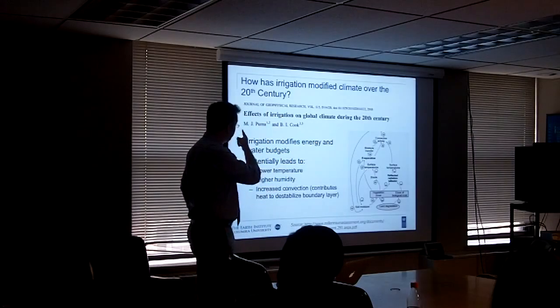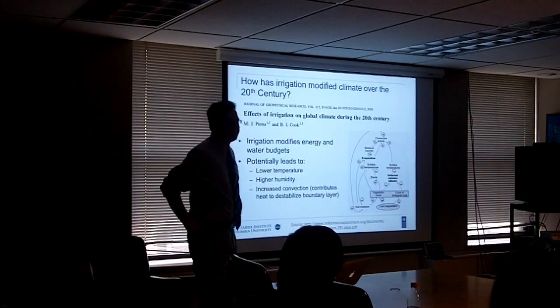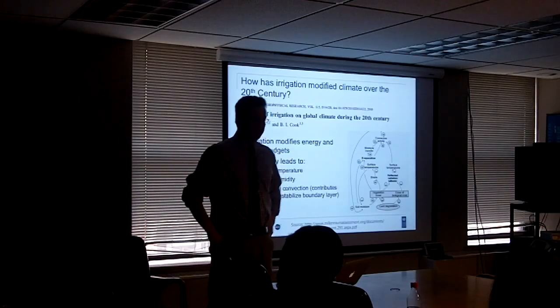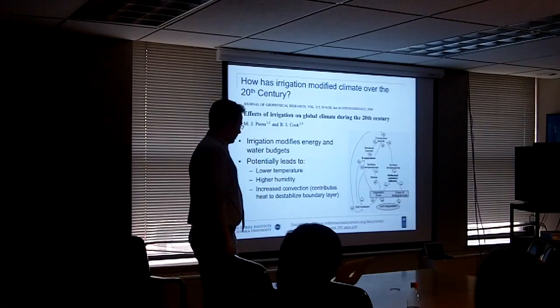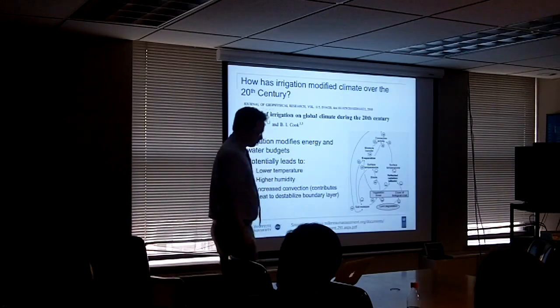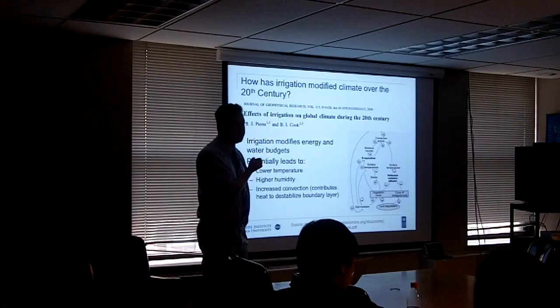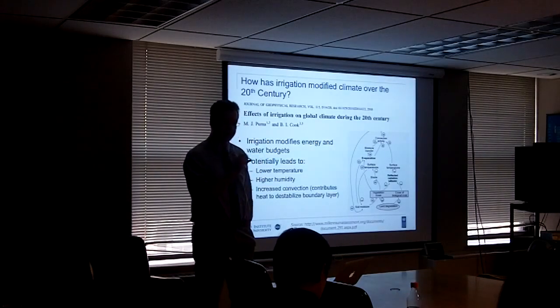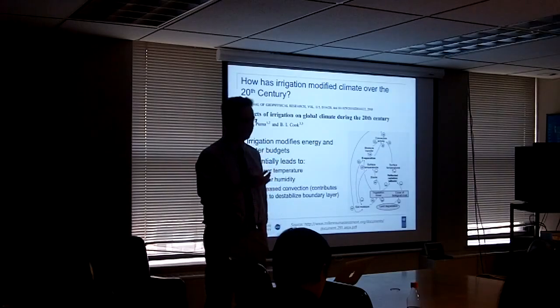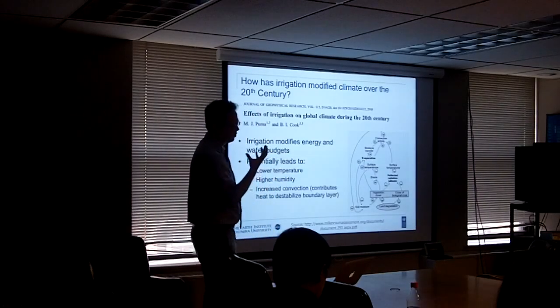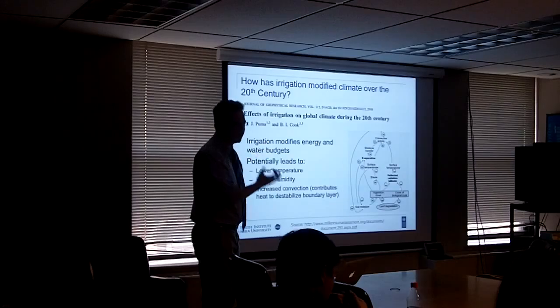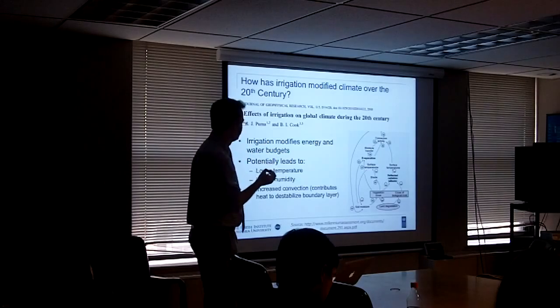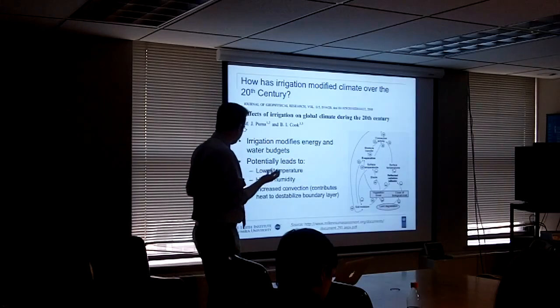So Ben and I published this paper looking at the effects of irrigation on climate during the 20th century. The idea was to get a sense of how the impacts of irrigation varied as irrigation has increased quite dramatically since 1960. So we want to get a sense: can we detect the climate impacts within the model?